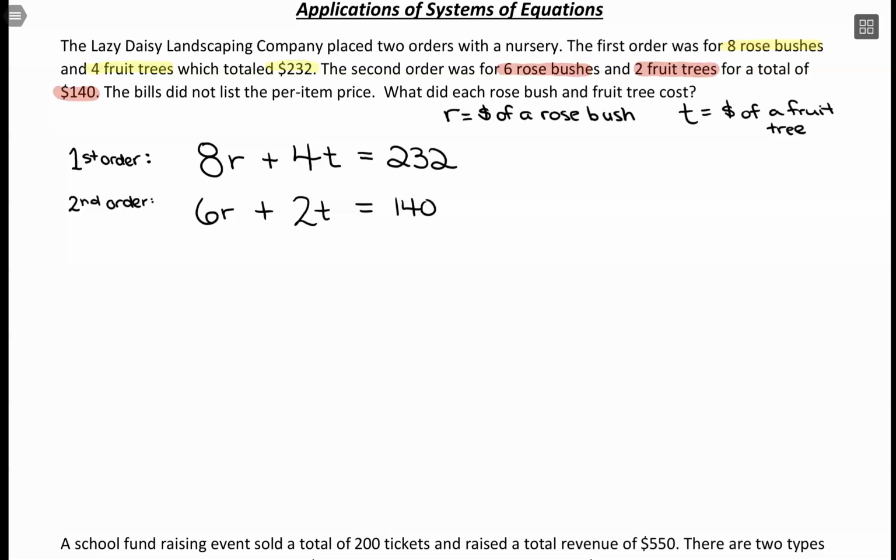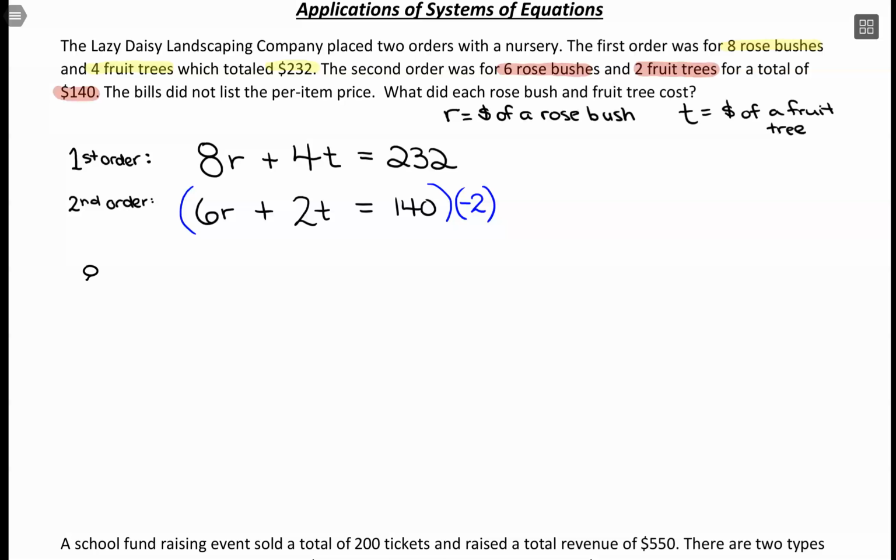And my instinct, and again, either way, you'll get to the same answer, my instinct is that since I don't see any coefficients of 1, I'm not very inclined to use the substitution method. What I can see is this 2 and 4 work pretty nicely together. So if I could just get that positive 2 to bump up to a -4, it'd be pretty easy to use the elimination method. So that's what I'm going to do. I'm going to multiply that bottom equation by -2 so that I can get a -4 in front of the t there.